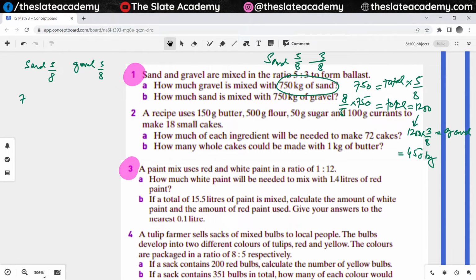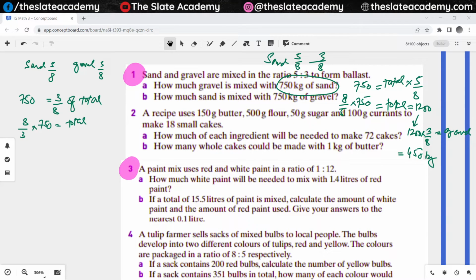So 750 kg gravel would be 3 out of 8 of total, right? So to find the weight of total, it would be 8 by 3 into 750. So 750 into 8 by 3, 2000.